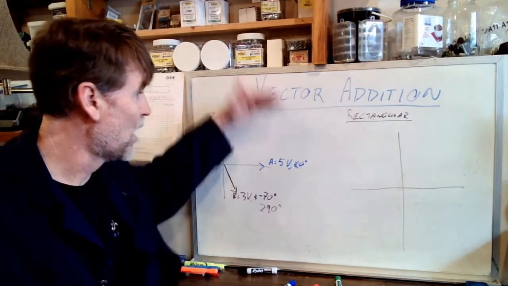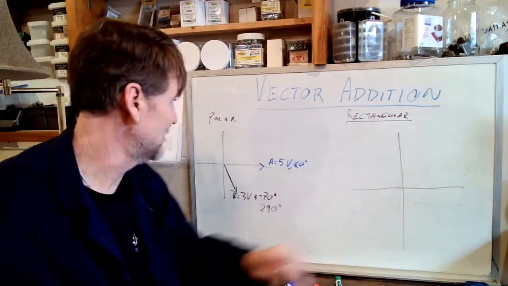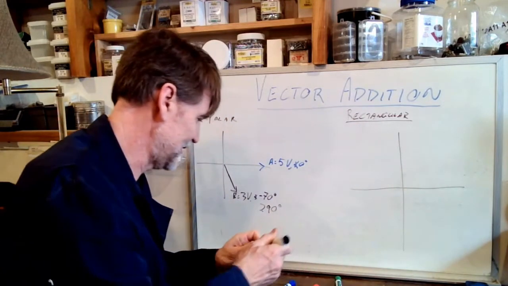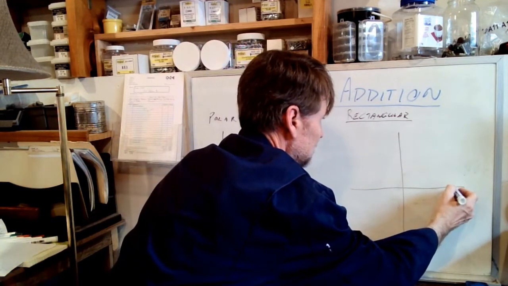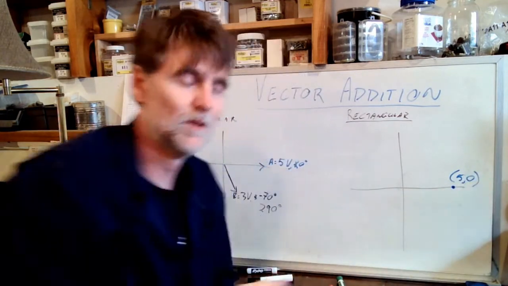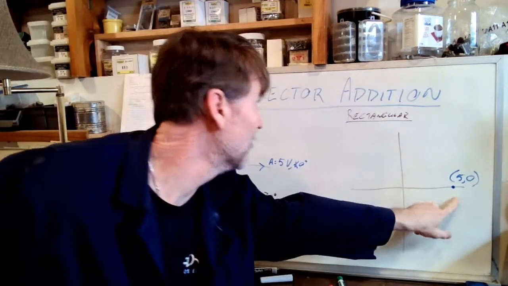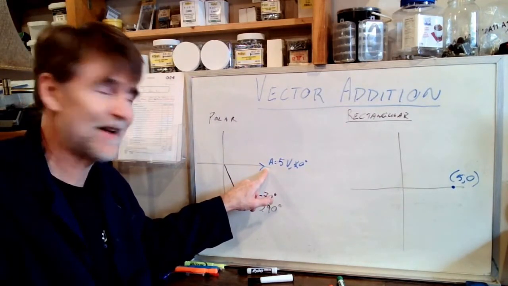And does it go up or down vertically on the y-axis? No, it doesn't. So I can identify this point easy enough. Right here, this is 5, 0. So that point on the rectangular coordinate system represents the tip of this first vector, vector A.